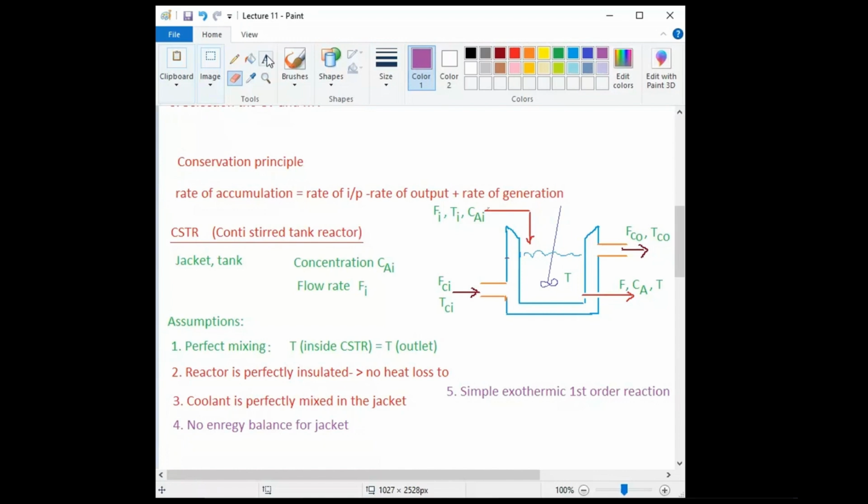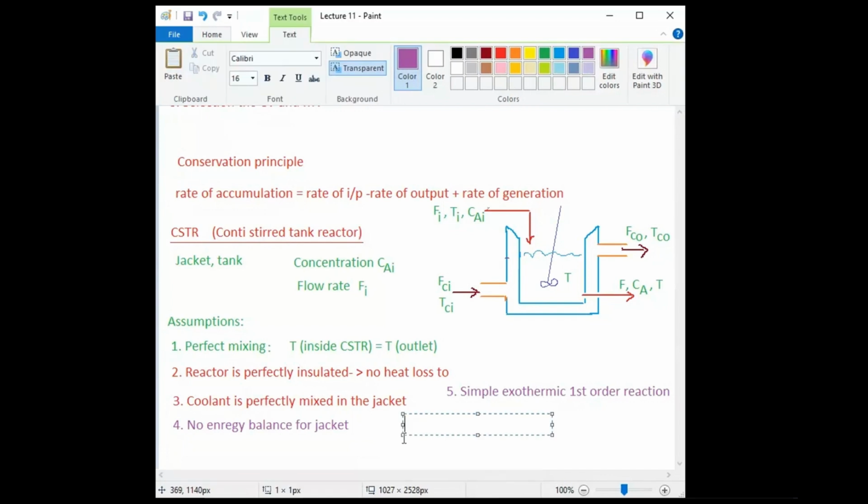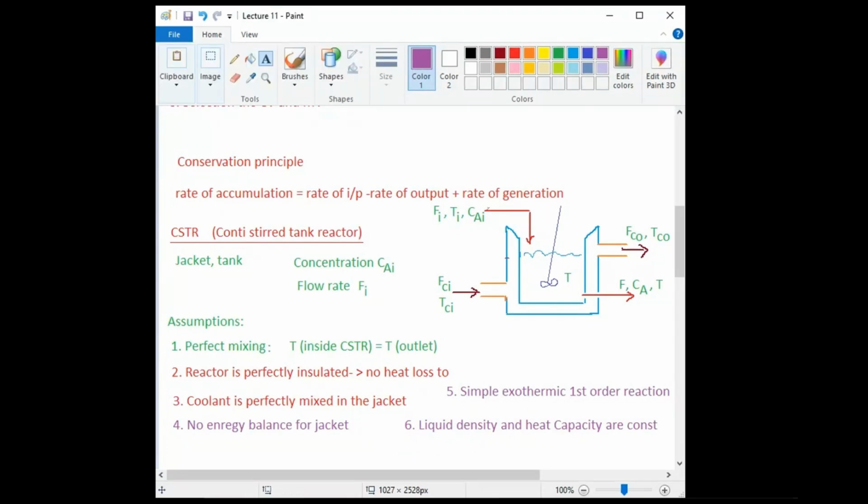We have some other assumptions also, that liquid density and heat capacity are constant. Liquid density is simple, that is the density of the reactants which we are providing to the tank.